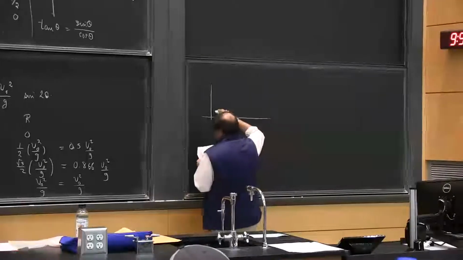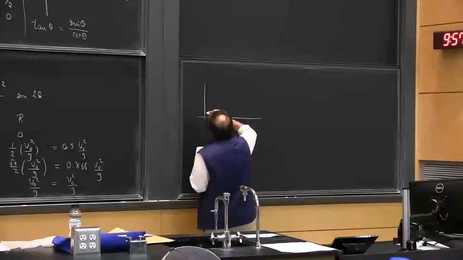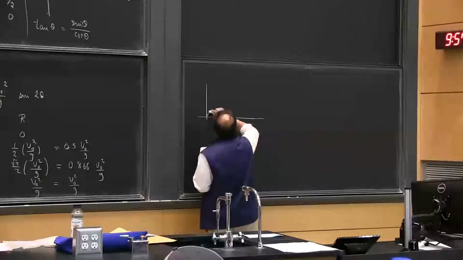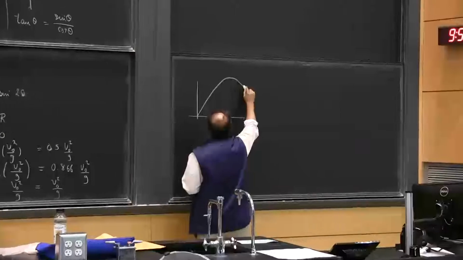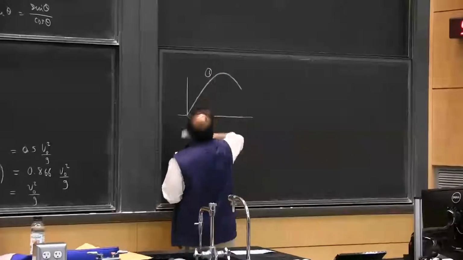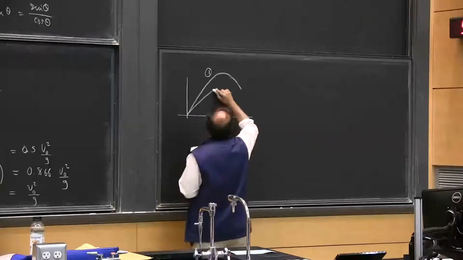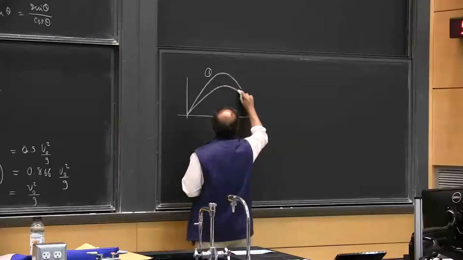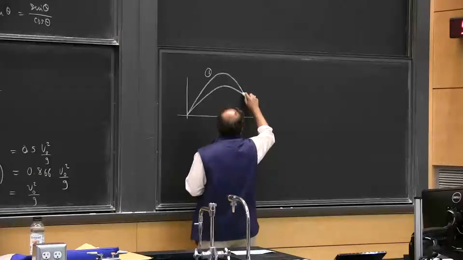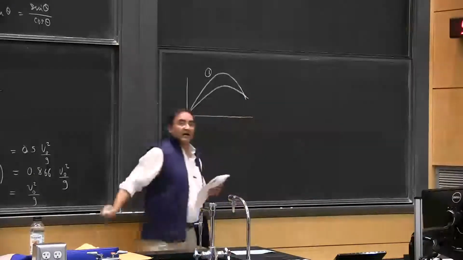And let's say I fire one cannon, the first one, at a higher angle, like this, calling it 1. And I fire a second cannon a little later at a lower angle. So now it's not only a lower angle, but it's also a little later, because that's the thing that happens when something is at a high angle.